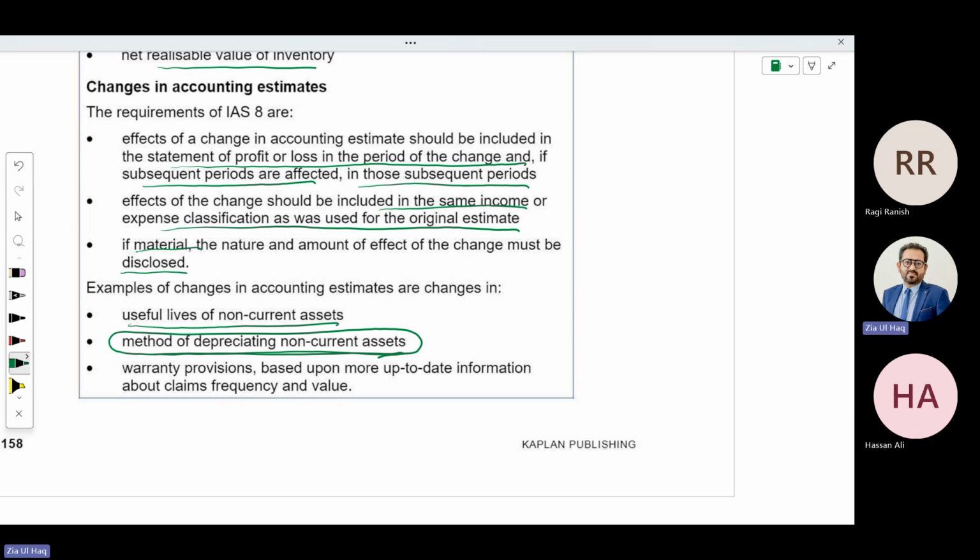Changing the measurement of inventory is a policy change. But changing the depreciation method is an estimate change. Through the depreciation method, you are not changing the measurement of the asset. You are still depreciating. Just the pattern of calculation has been changed.